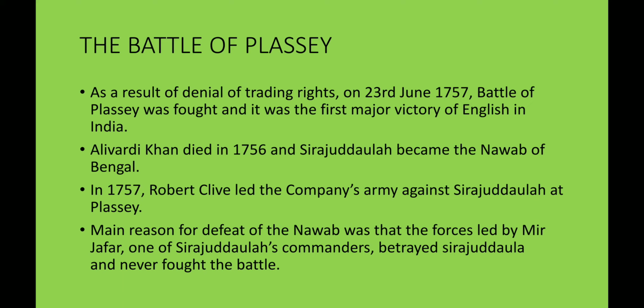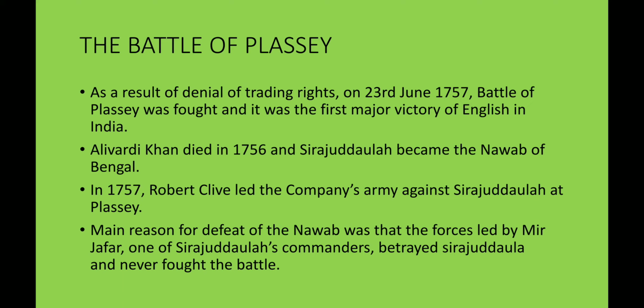Later, Sirajuddaulah attacked the factory at Kasim Bazar, captured the company's officials, locked the warehouses, disarmed the Englishmen, and also blockaded the English ships.